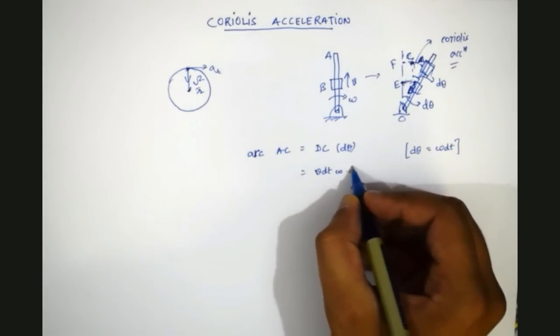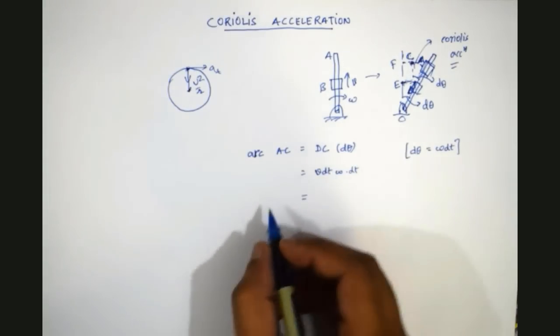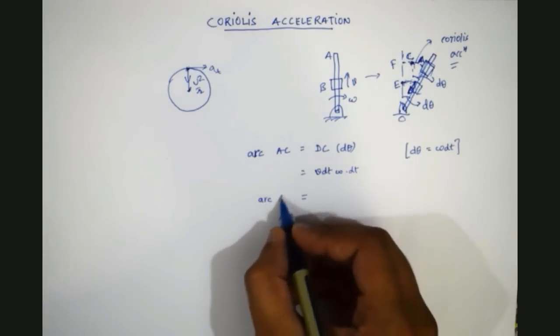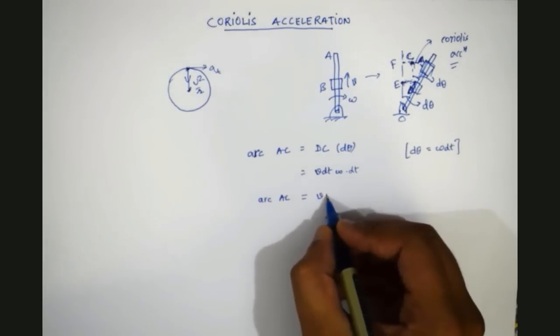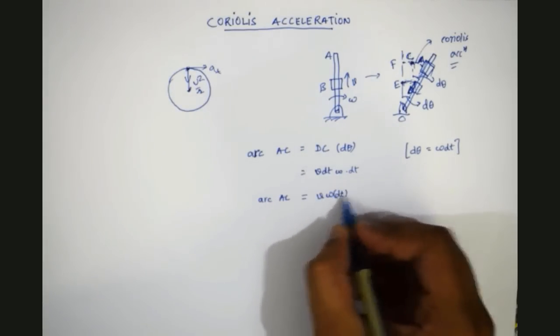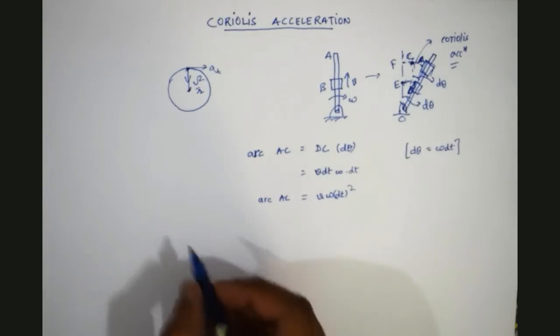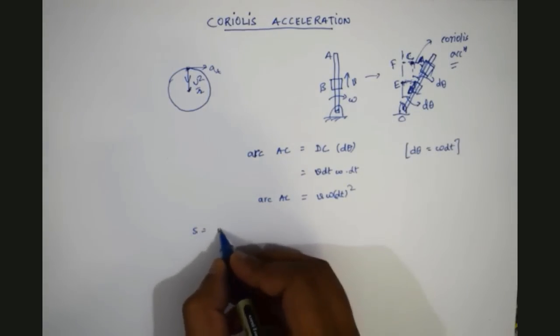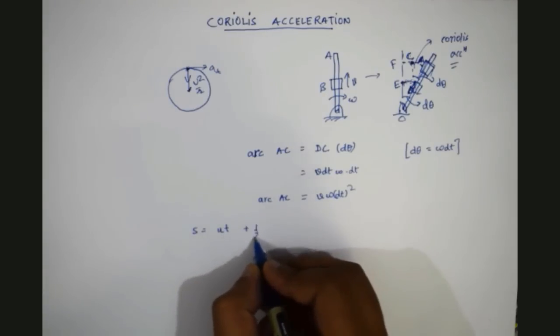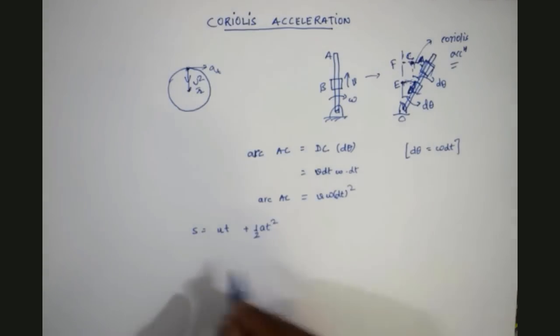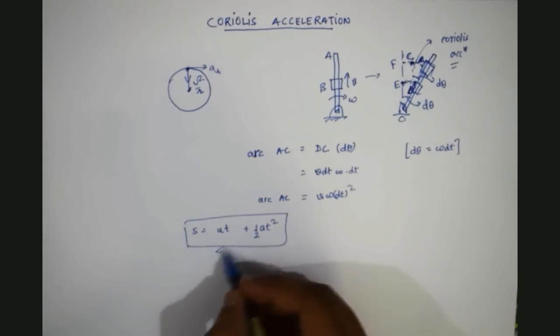So omega into dt, so finally the length of arc AC is v omega dt square. Now we can also see by the formula S is equal to ut plus half at square. Now we will apply this formula here.